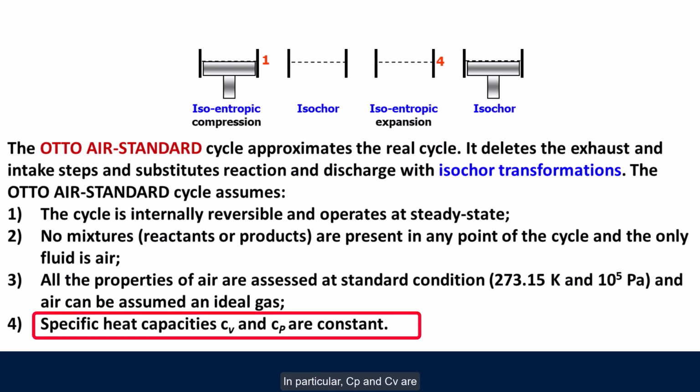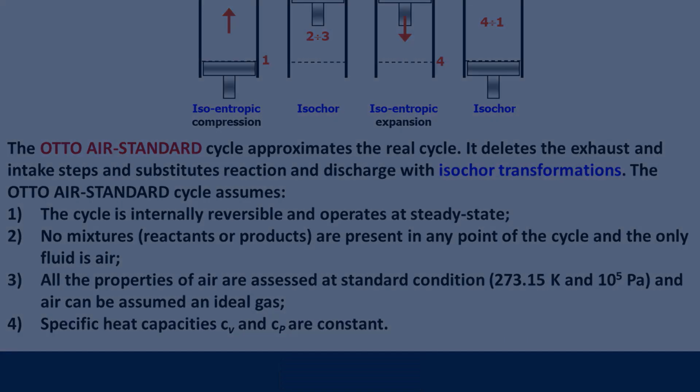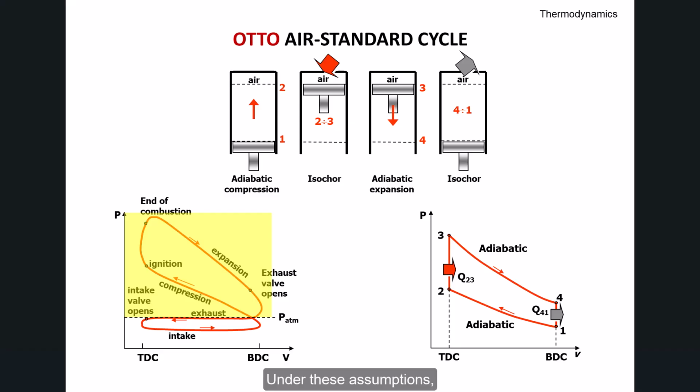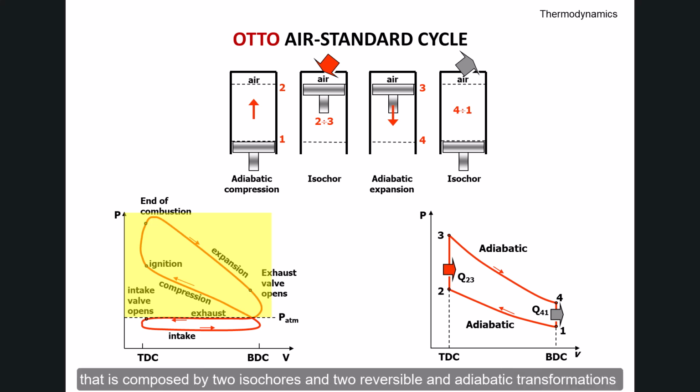In particular, Cp and Cv are assumed constant across temperature and pressures. Under these assumptions, the upper part of the indicated cycle is approximated by the Otto Air-Standard cycle that is composed by two isocores and two reversible and adiabatic transformations.